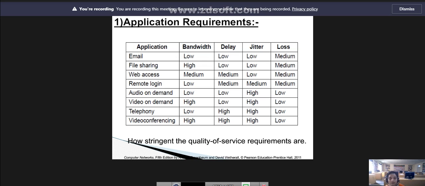The needs of each flow can be characterized by four primary parameters: bandwidth, delay, jitter and loss. Together these determine the application requirement, the quality of service the flow requires.